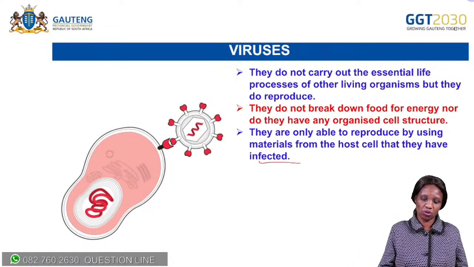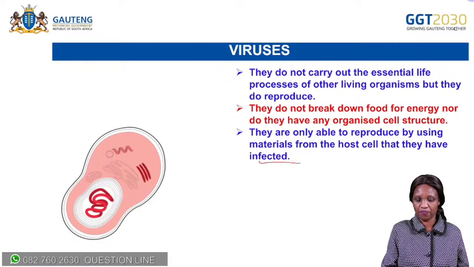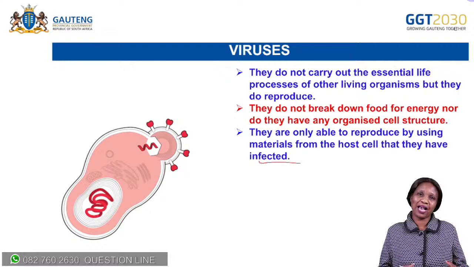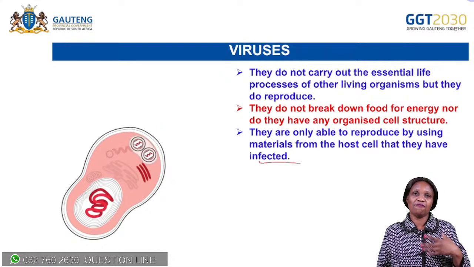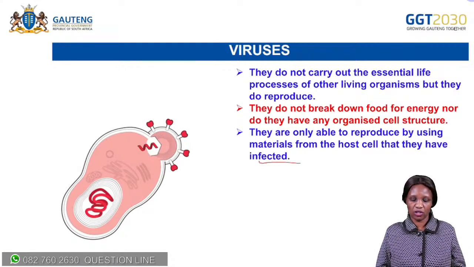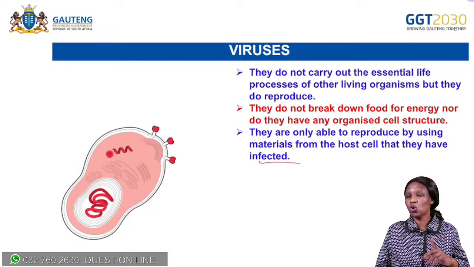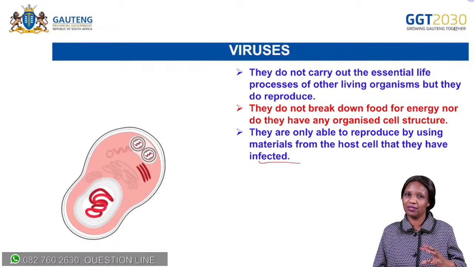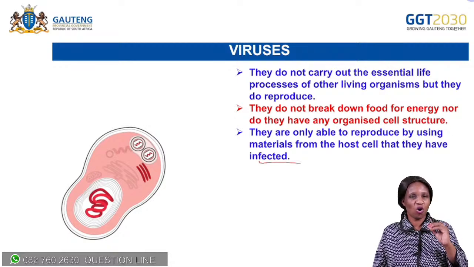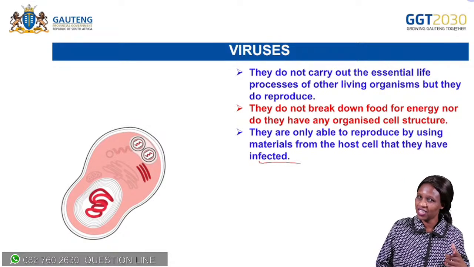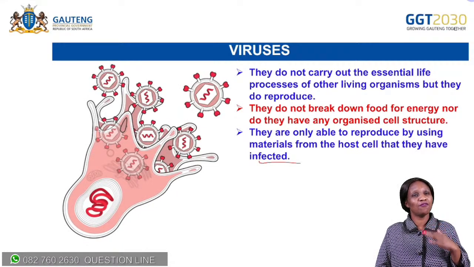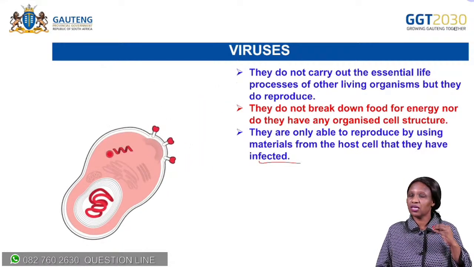Look at the structure of a virus here. It multiplies. It infects a cell, then it takes over, because it doesn't carry out the 7 life processes. Therefore, it attacks a host, infects it and takes over. That's why people who are infected with viruses get very sick.